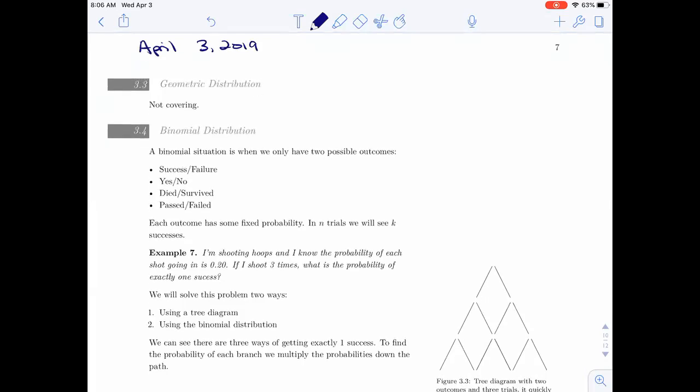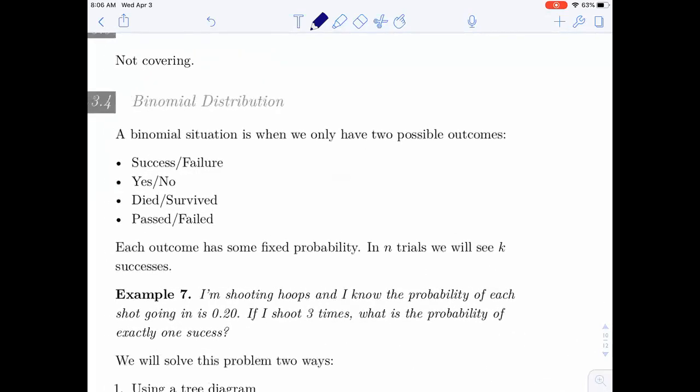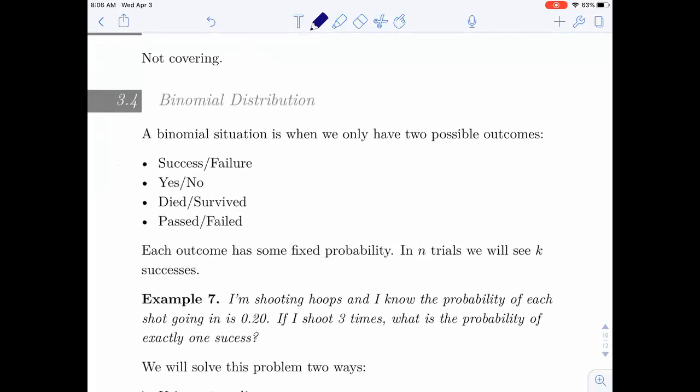Okay. So a binomial situation is when we only have 2 possible outcomes, right? So think about proportions now, because now we're talking categories. A yes or a no, a boy or a girl is born. That kind of thing. So there's only 2 possible outcomes for your categories.